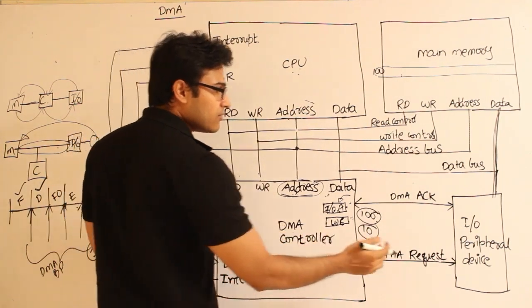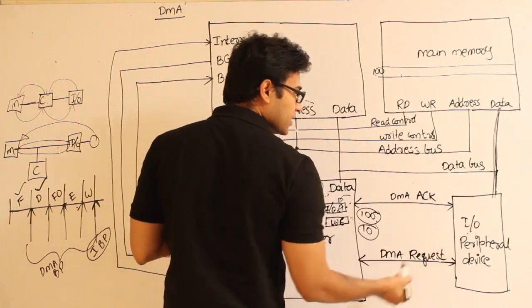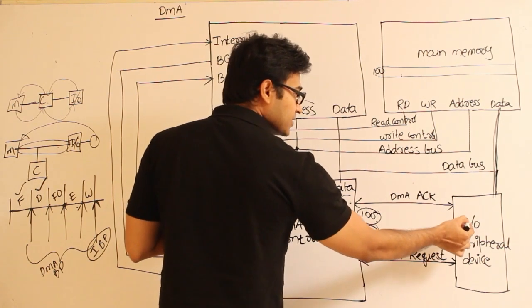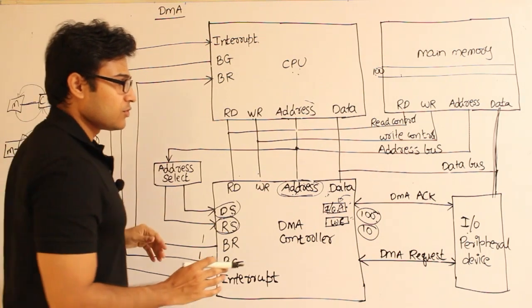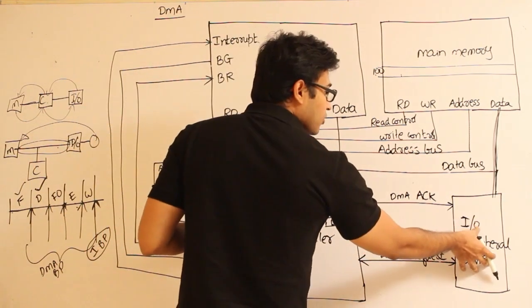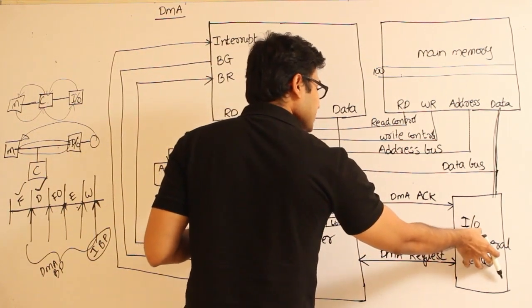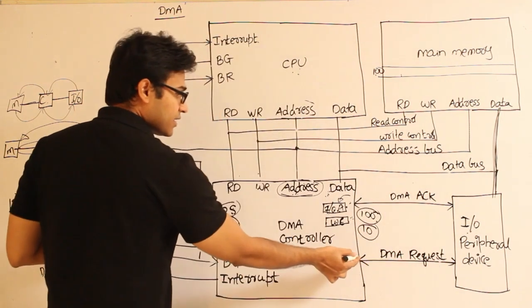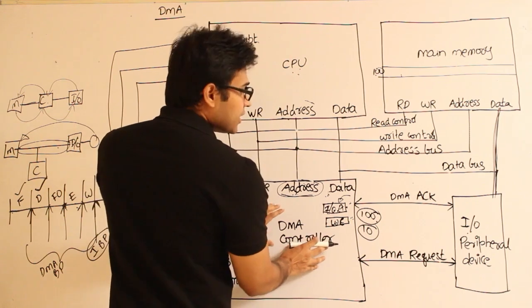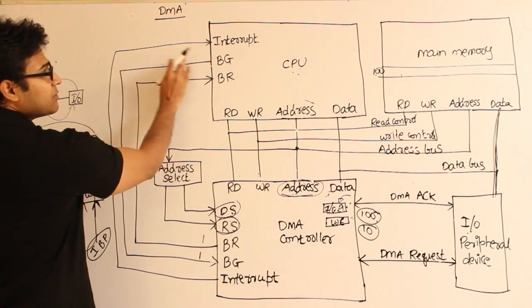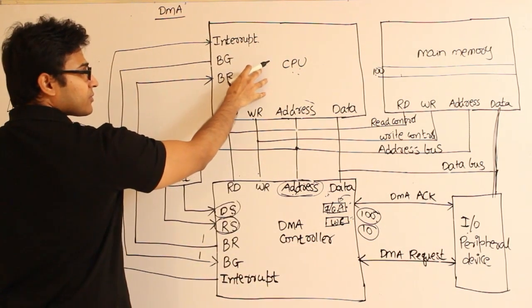So whenever the word is ready in the IO peripheral, see, that is the advantage. CPU is not doing anything here. CPU is executing its own instruction. And our IO device is very slow. That is why whenever IO device is ready, it will send a request, and whenever the request is received by the DMA controller, it will ask the CPU for the bus, right?